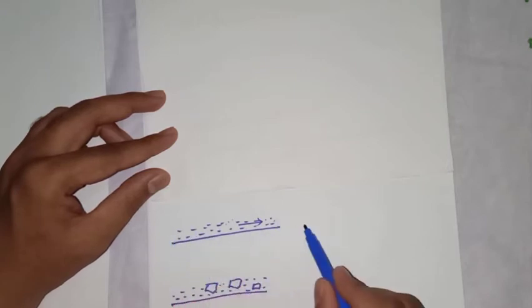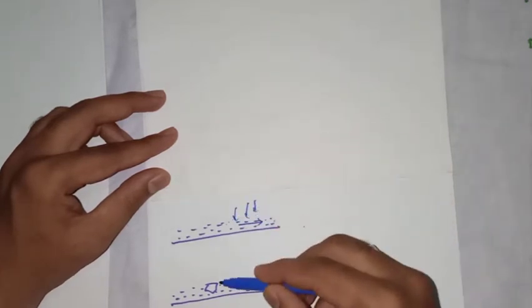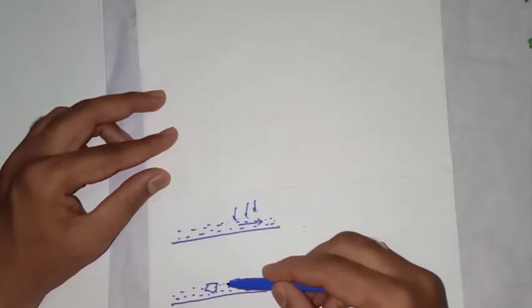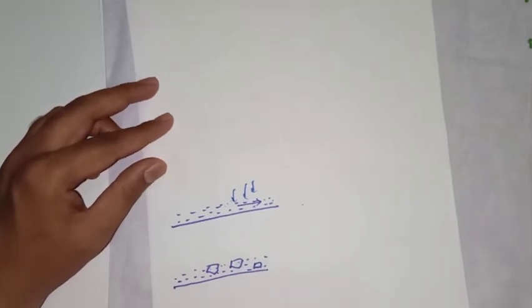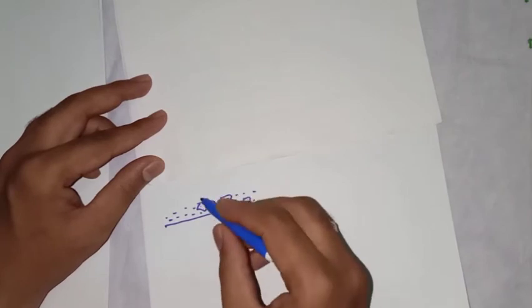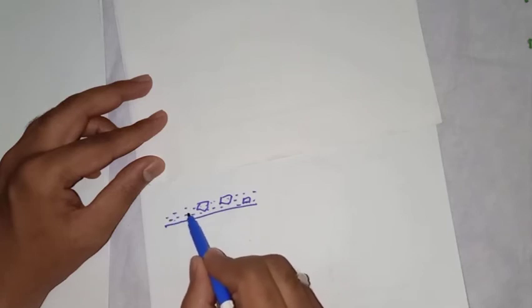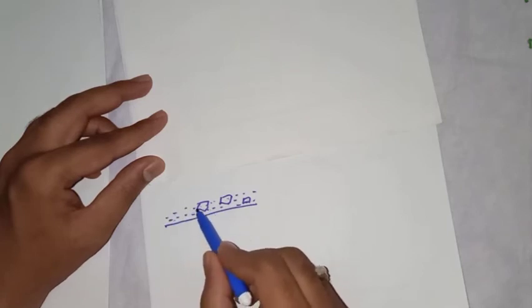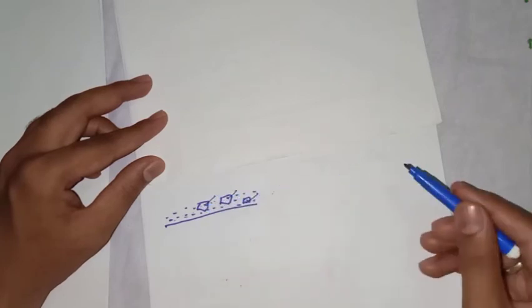But if you put some stones in it, these are called resistances. After putting these resistances, what happens? For the water particles, it is difficult to flow from one place to another place, and this is what we are going to call resistance.